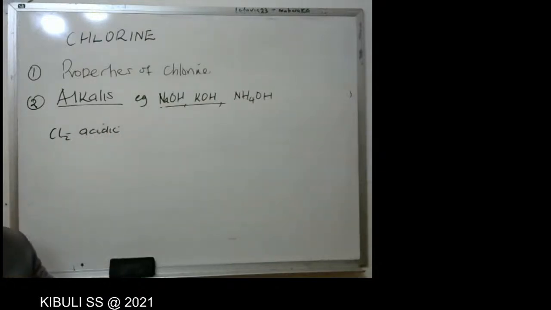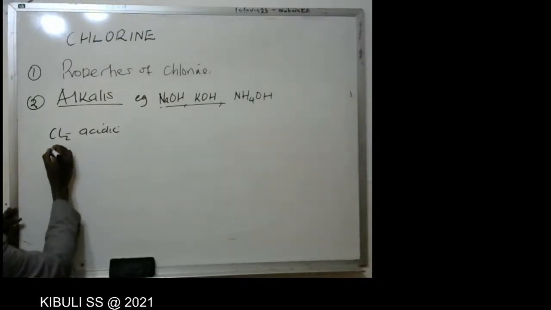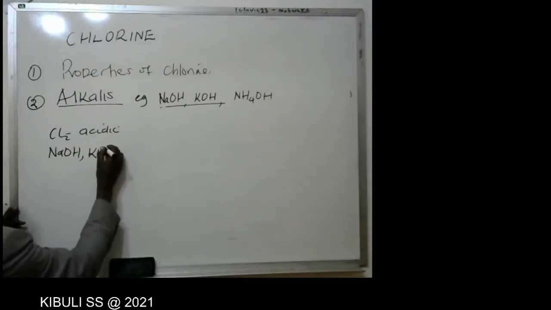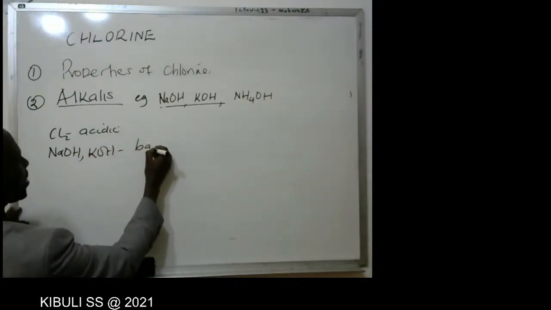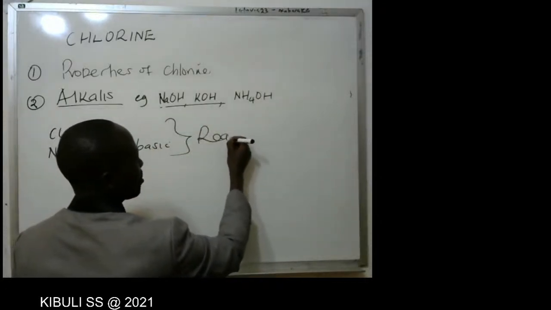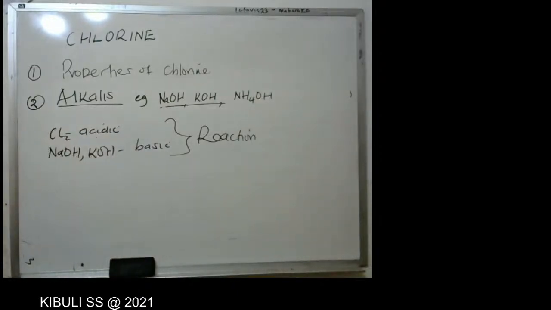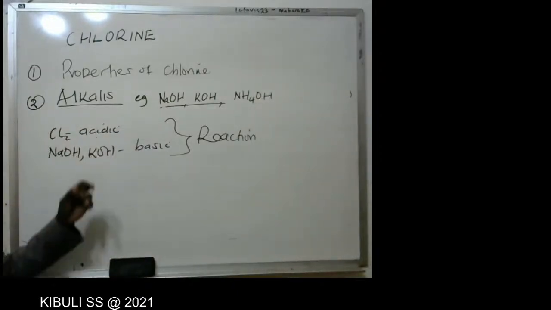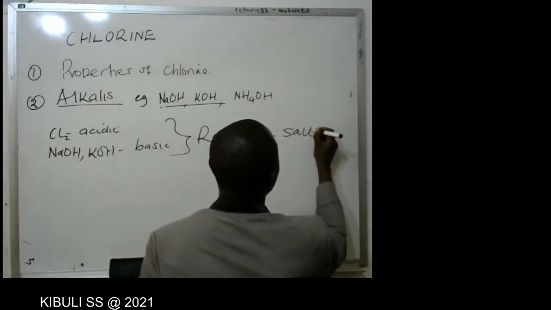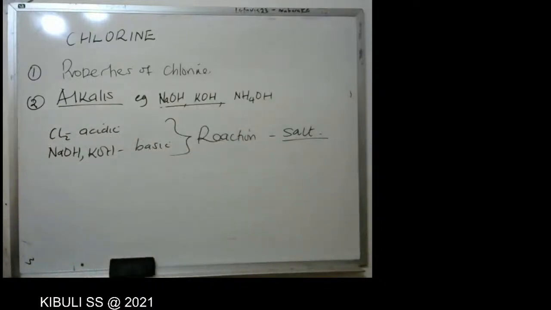It gave us hydrochloric acid and hypochlorous acid in water. It is true that sodium hydroxide or potassium hydroxide are basic. So what do you expect? Automatically we expect a reaction to take place. What are we going to form? Acid plus a base, what do we form? A salt. That is it.